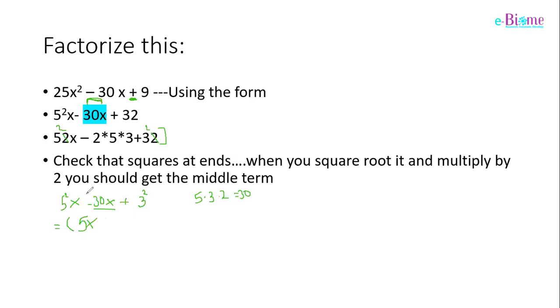Okay, and so having written the 5x, we add the square root of the constant, which is the 3, and then we square that. That's what we get when we solve the 25x squared minus 30x plus 9.